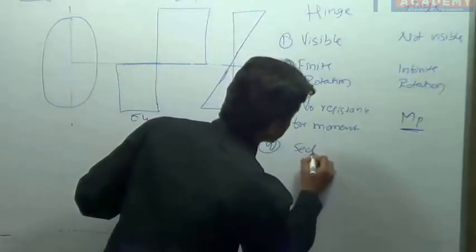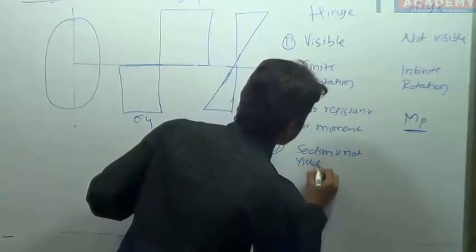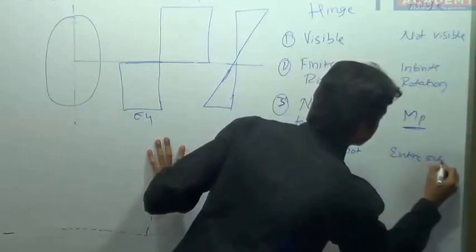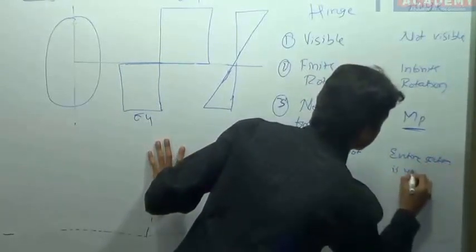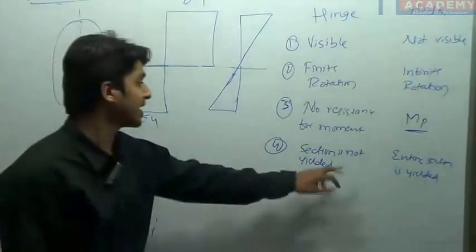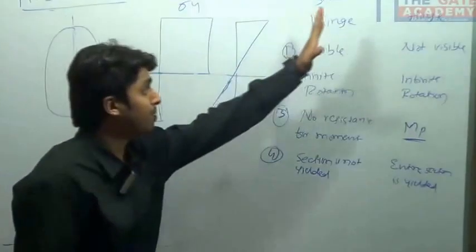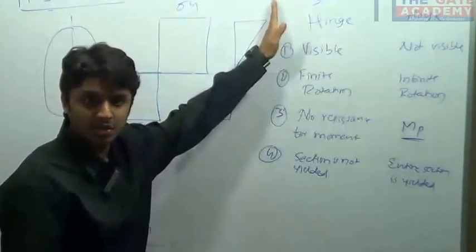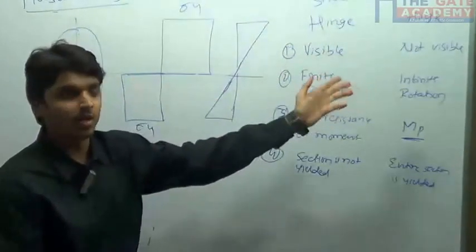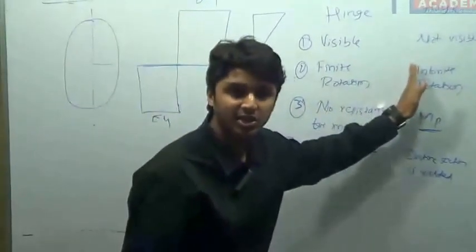Here the section is not yielded. Here the entire section is yielded. So these are some of the differences between the plastic hinge and structural hinge. One, the structural hinge is visible, the plastic hinge is not visible. The structural hinge can undergo finite rotation, whereas this can undergo infinite rotation.